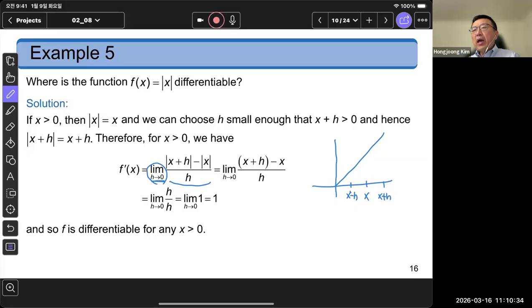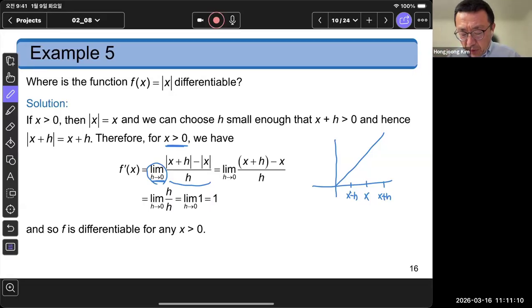So even when your h was large initially, eventually I'm reducing its value so that x plus h will be positive, because h will become smaller and smaller. So if x is positive, and as h goes to 0, x plus h will be also positive.